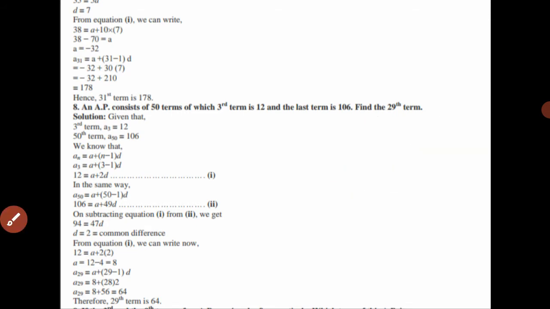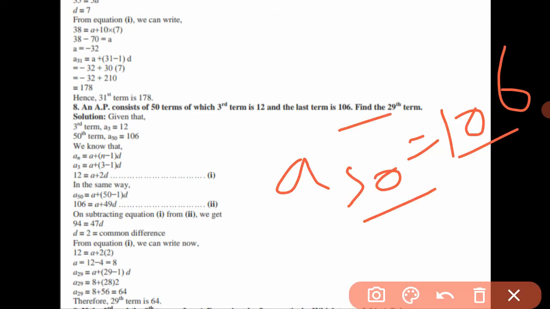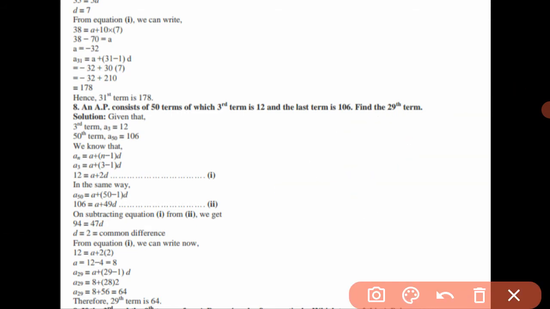Now we know that the third term is equal to 12 and the 50th term is equal to 106. We know that an equals a plus n minus 1 into d. So a3 will be a plus 3 minus 1 into d. The first equation will be 12 equals a plus 2d, and the second equation will be 106 equals a plus 49d.